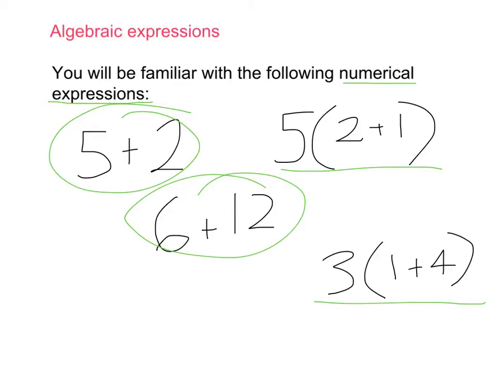Okay, they are expressions, number sentences, that involve straight numbers. So we have here 6 plus 12, we have here 5 plus 2, we have here 3 brackets 1 plus 4, we have 5 brackets 2 plus 1. They're just straight numerical expressions, and they're pretty straightforward and not all that hard to understand.